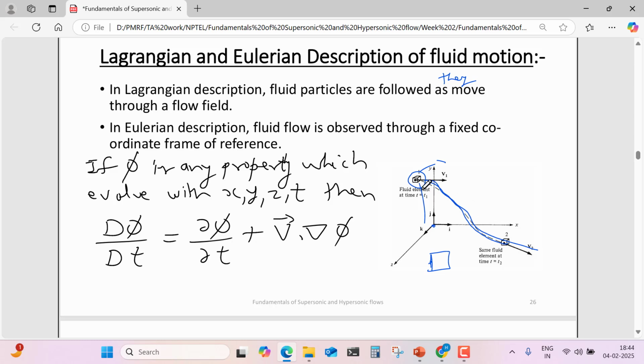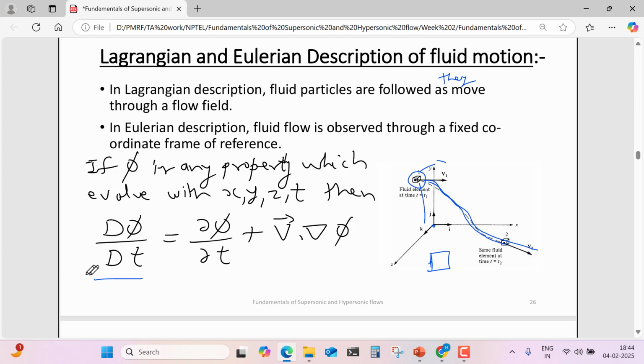So we can change from one description to another description, and let's say if there is one property phi which evolves with respect to x, y, z and t, then the total derivative of this phi, d phi by dt, is given by dou phi by dou t plus v dot del phi.